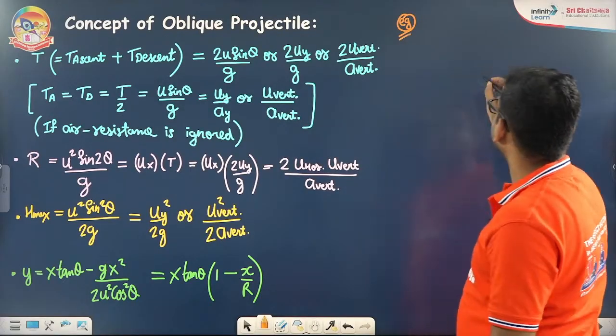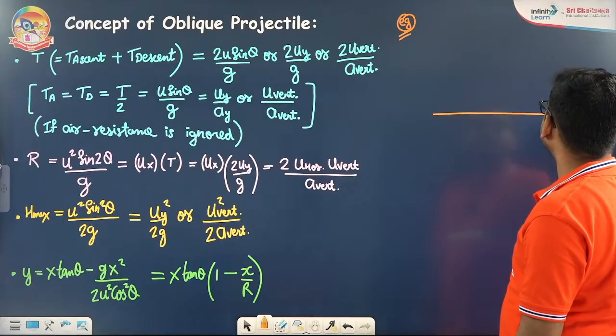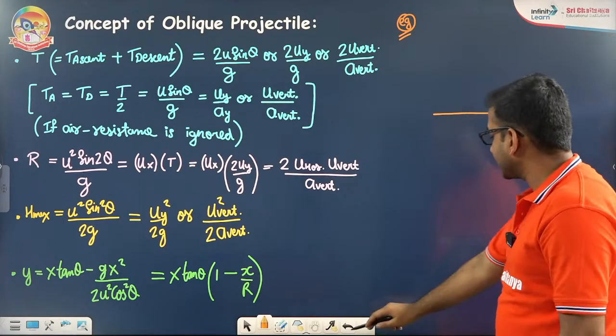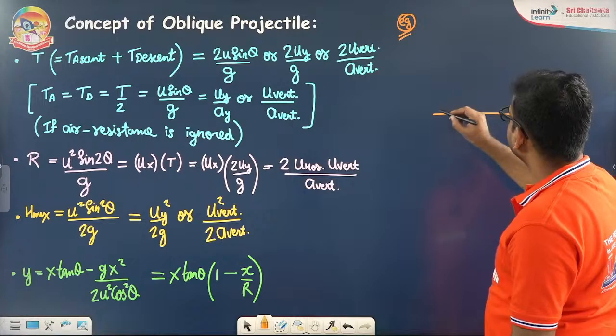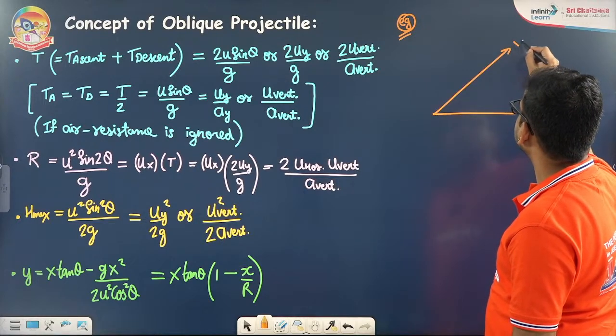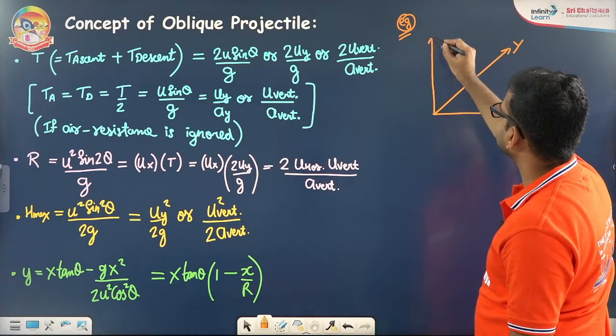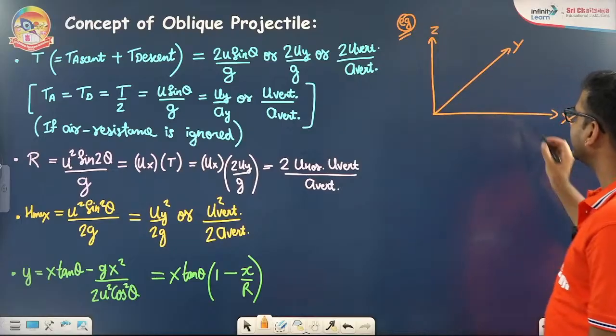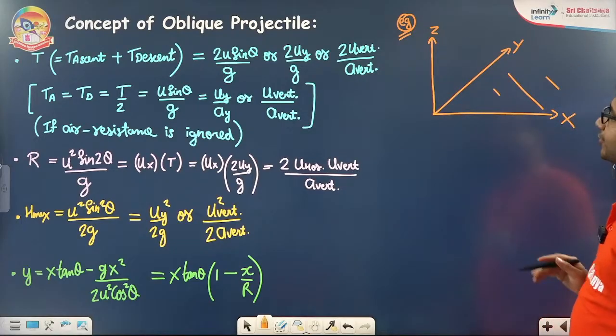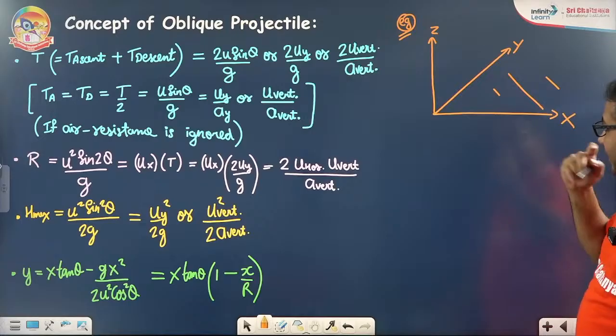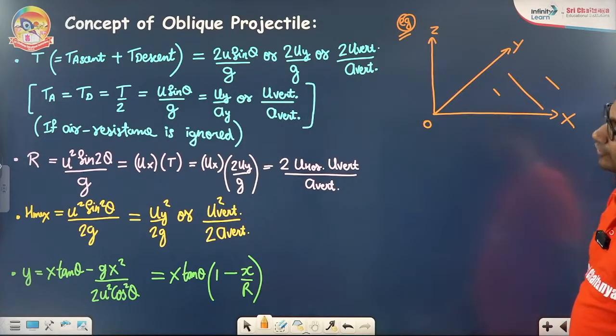suppose the examiner is saying that this is your x-axis, this is your y-axis, and this is your z-axis. The z-axis is basically vertical, the xy plane is ground, and this is the origin.